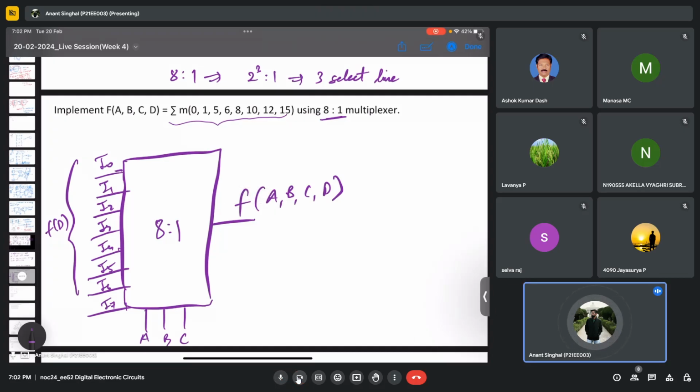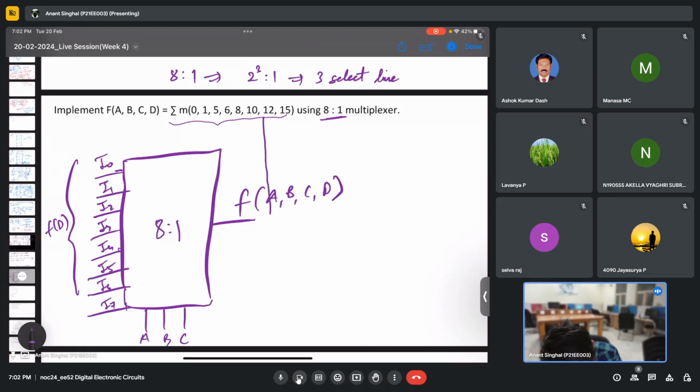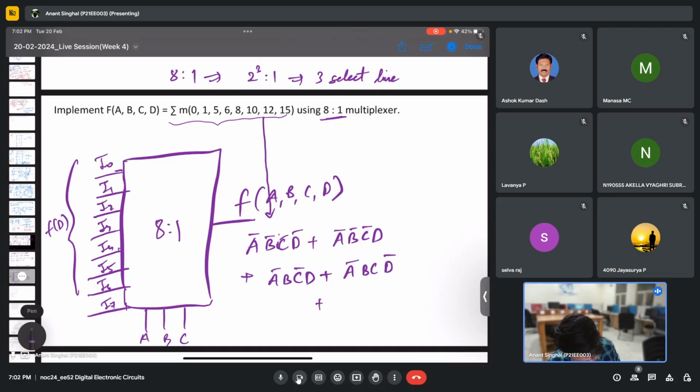So let's give it a go. We already know the minterms, so I'll write the minterms directly. 0 will be all the bars, 1 will be 0, 0, 0, 1, and 5 will be 0, 1, 0, 1. 6 will be 0, 1, 1, 0, and 8 will be 1, 0, 0, 0.